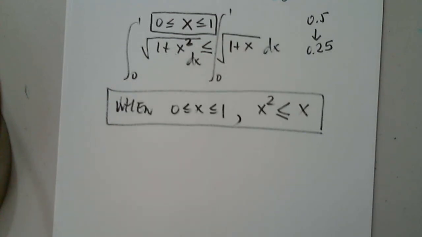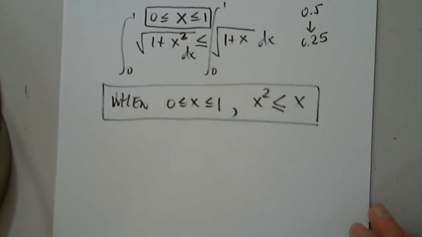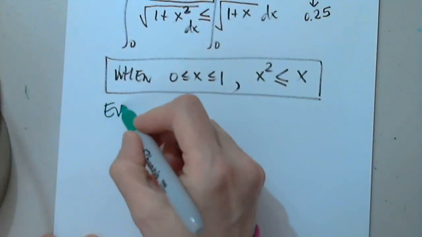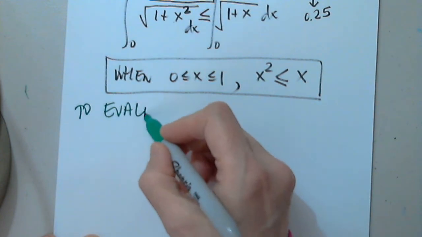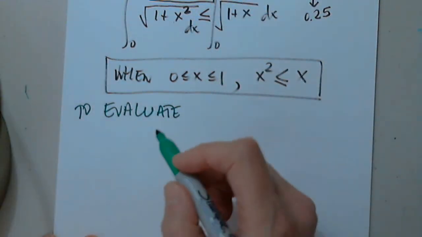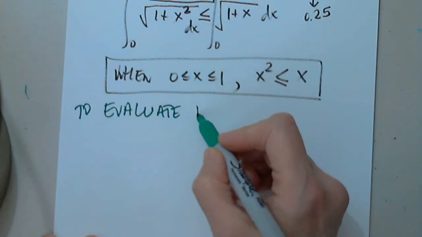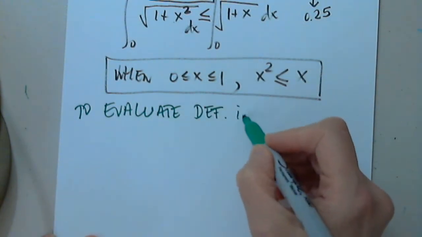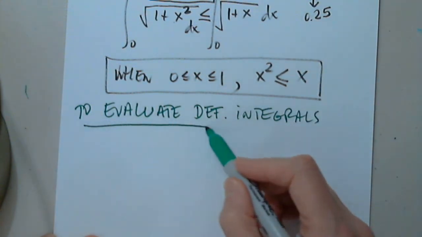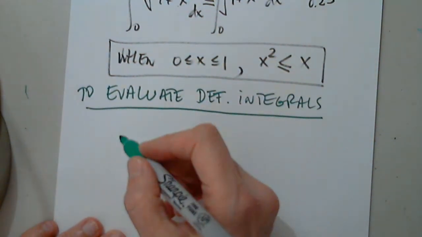Perfect. Okay, now I would like us to practice evaluating definite integrals. To evaluate, not showing, proving anything, but to evaluate definite integrals. And I like to start with one that I'd like to make up.